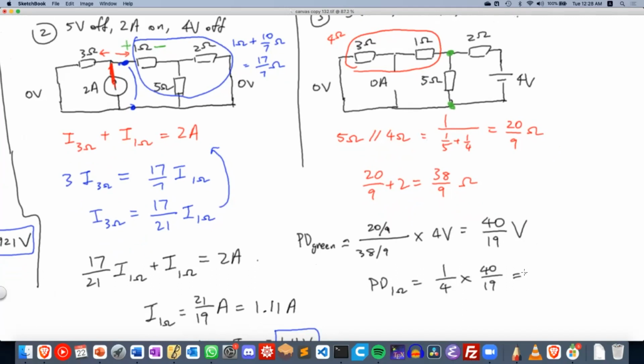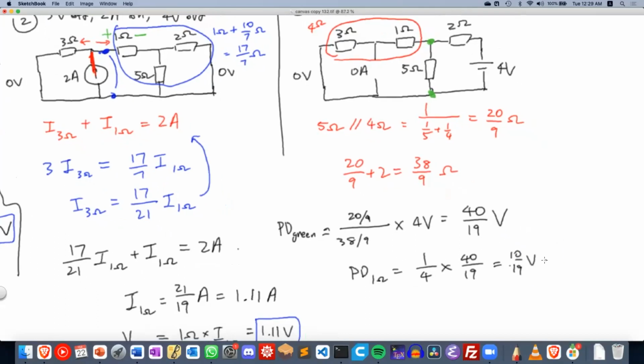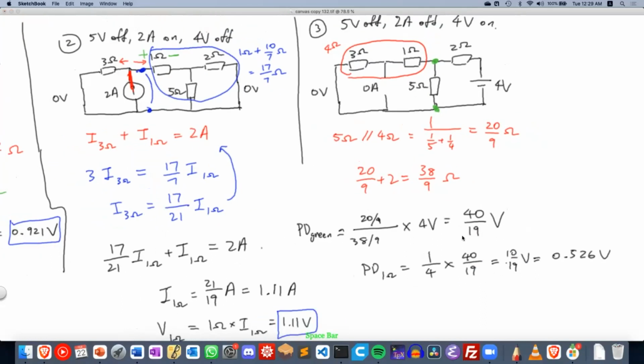So that's going to give you times 1 over 4, 10 over 19 volts, which is approximately 0.526 volts.